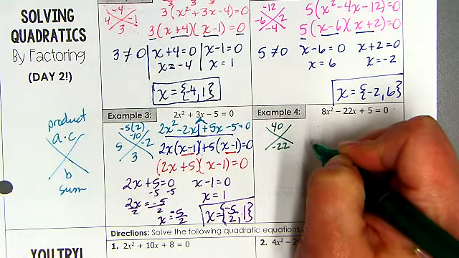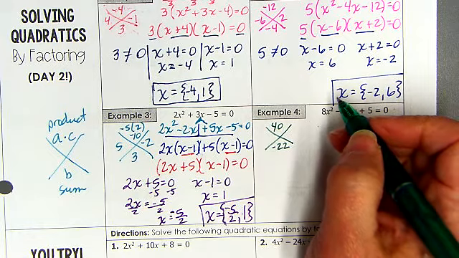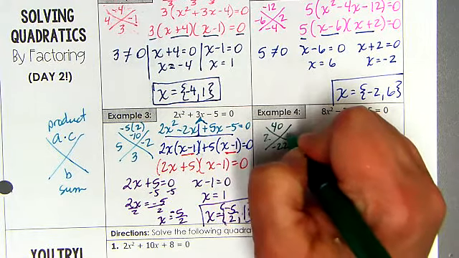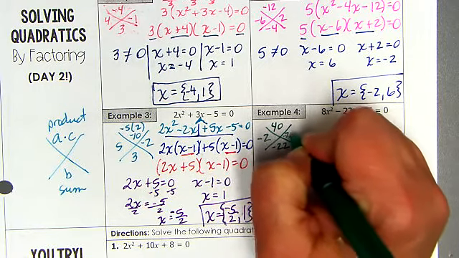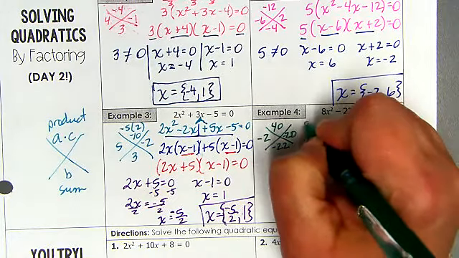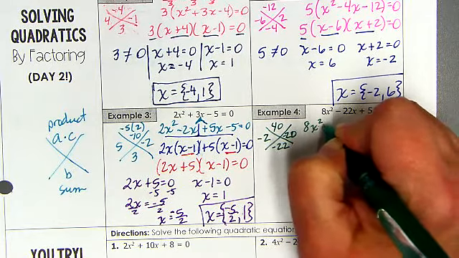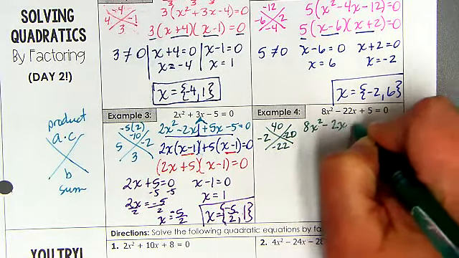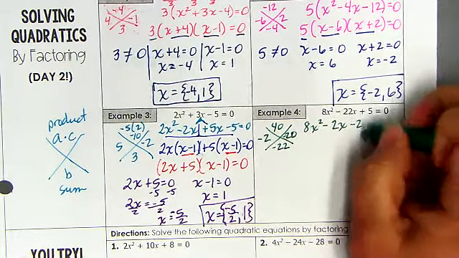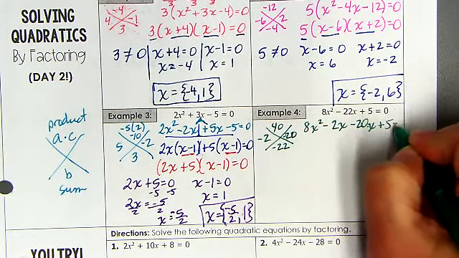So that's going to be 2, negative 2, and negative 20. 8x squared minus 2x minus 20x plus 5 equals 0.